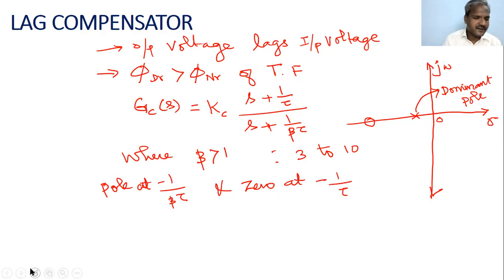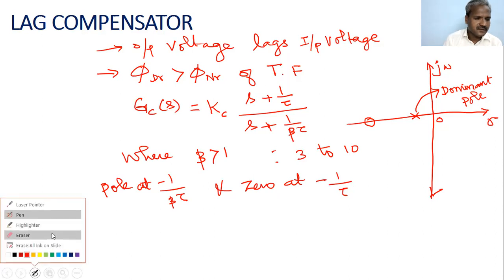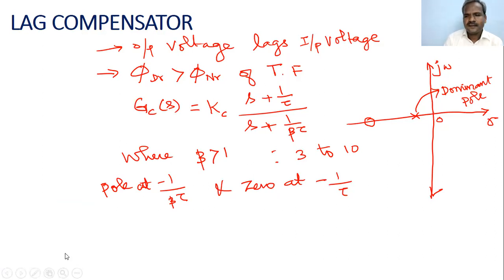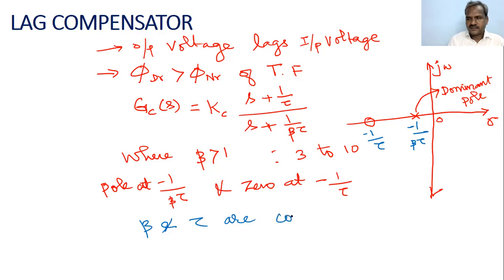We can represent the dominant pole close to the origin at minus 1 by beta times tau, and the zero at minus 1 by tau. Here beta and tau are constants.